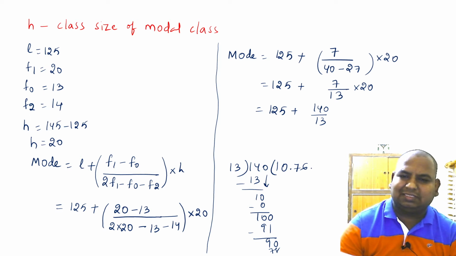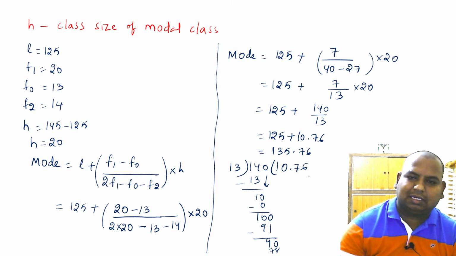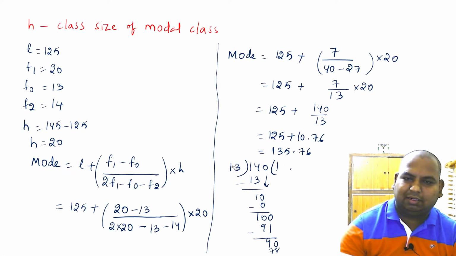So 10.76 approximately. 125 plus 10.76 is equal to 135.76. This is the way to find mode. Got it?